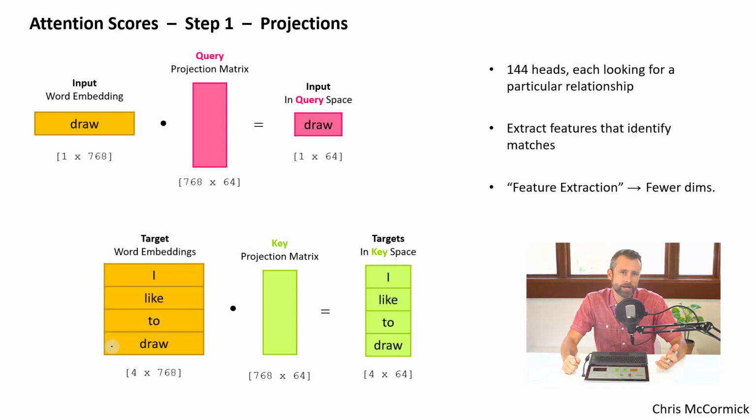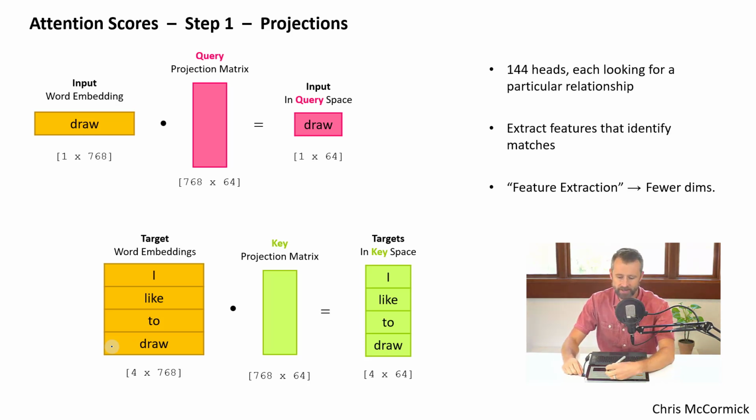For transformer models like BERT and GPT-2, we know that there's not just a single attention unit at work. There's actually a lot of them. The base size of those models each have 12 layers, and each layer has 12 self-attention units in it.